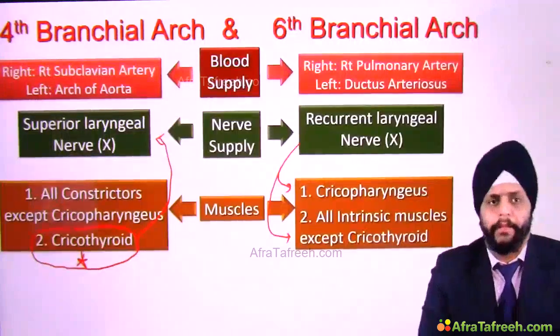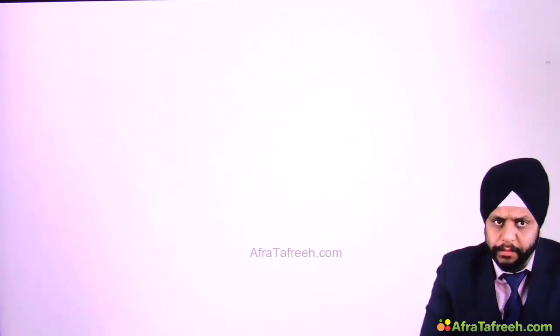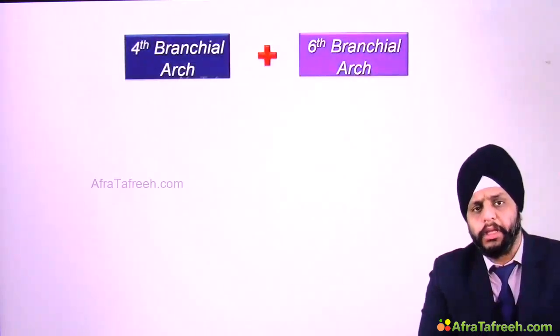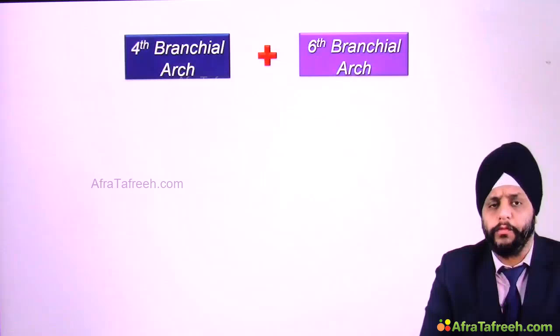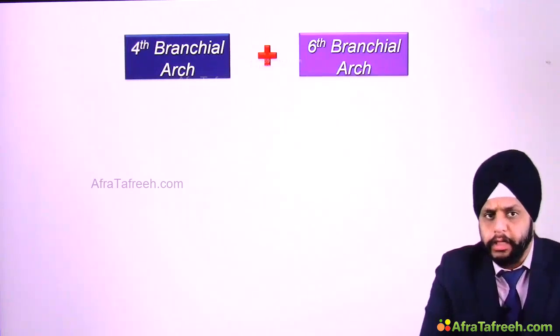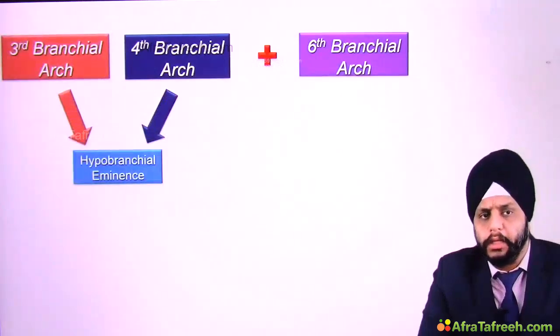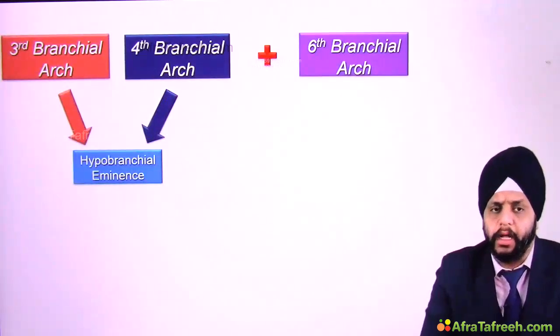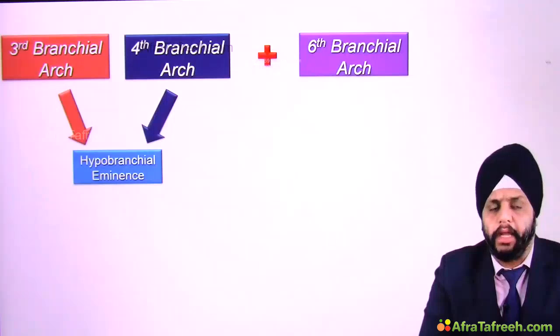Let's look at the cartilages of the larynx. Now, the fourth and the sixth arch, as I said, they fuse to form the cartilages of larynx. So, how are these cartilages derived? Now, the fourth branchial arch combines with the third branchial arch and there it forms a hypobranchial eminence.